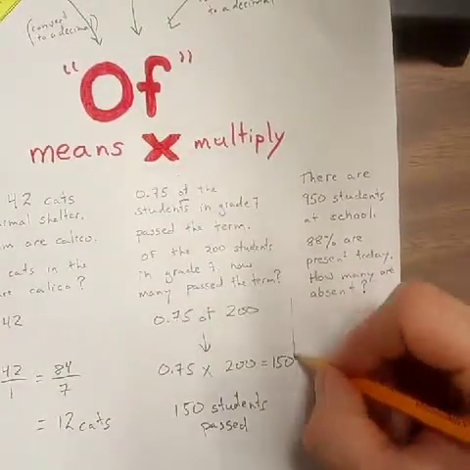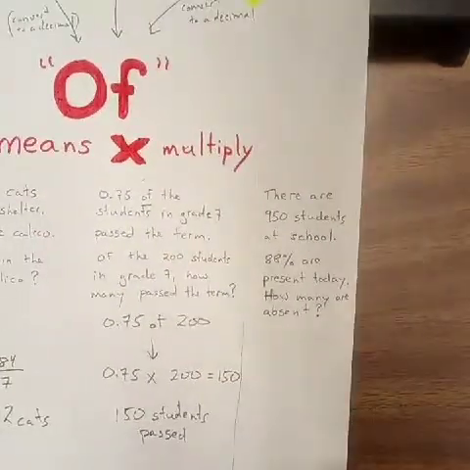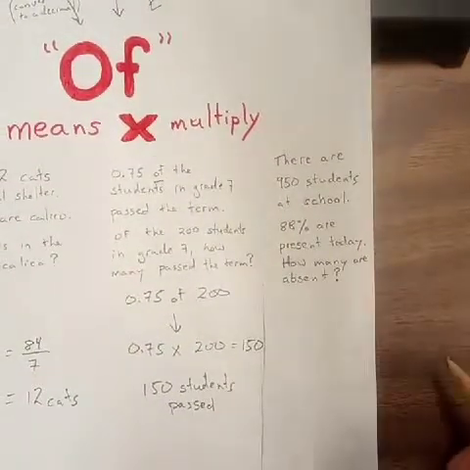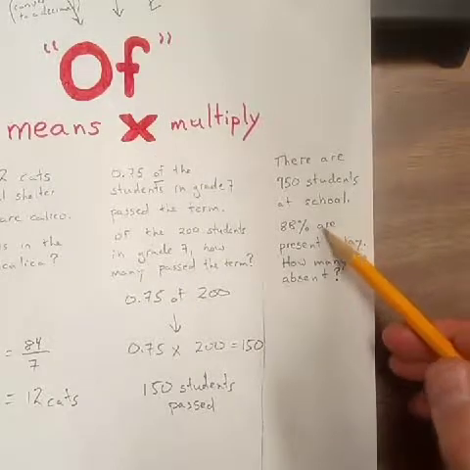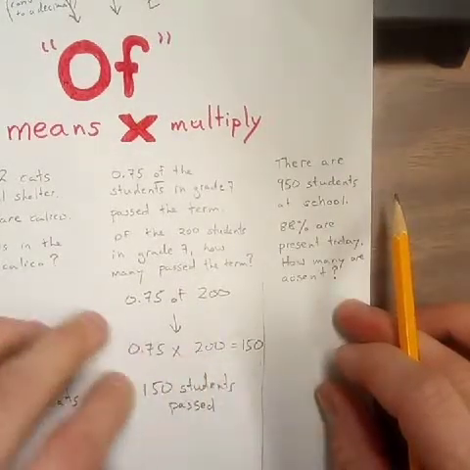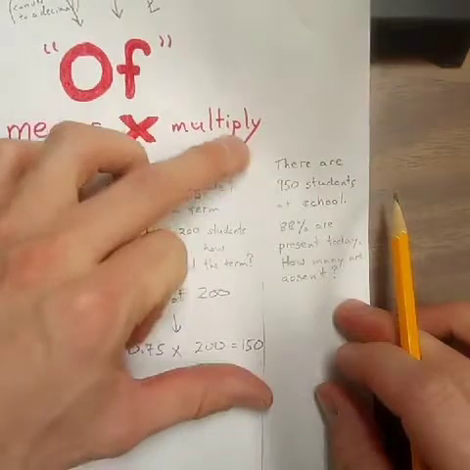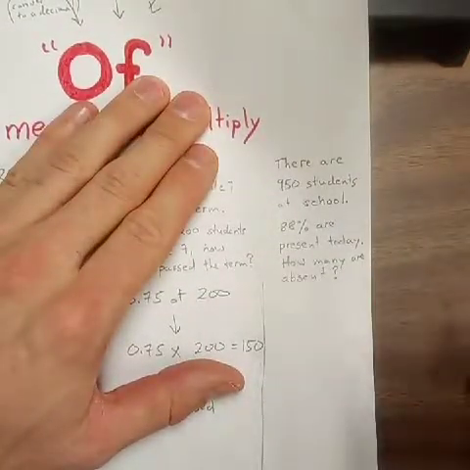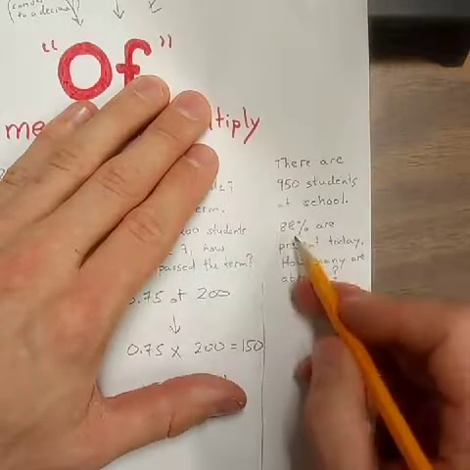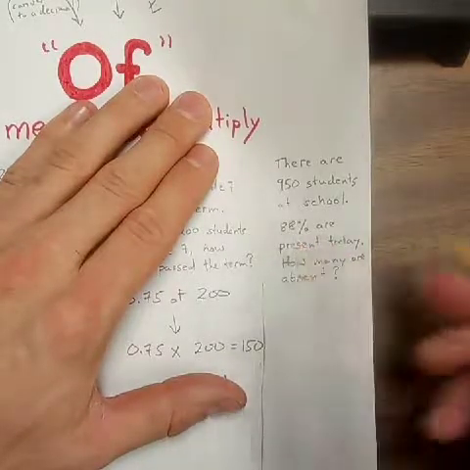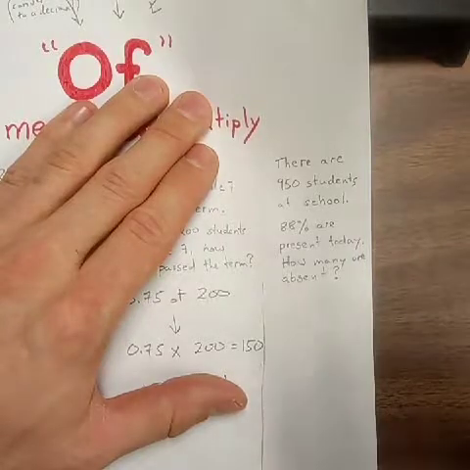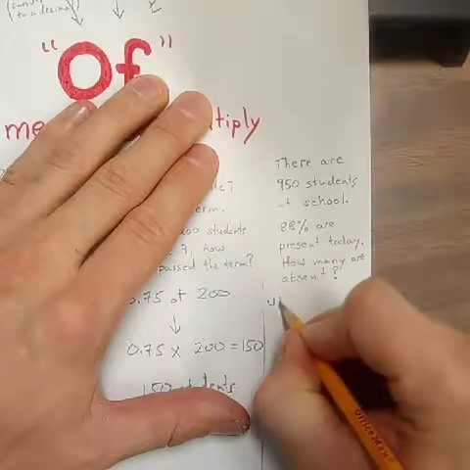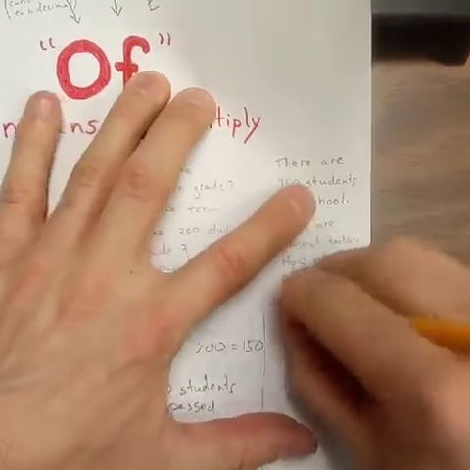Okay, for the last one here, we're looking at percent of. We've got an extra step in this question. There are 950 students at school. 88% are present today. How many are absent? So it doesn't give us the amount of students that are absent. So we first have to find that. We know 88% are present. The rest are absent. So we subtract from the whole, or 100%.